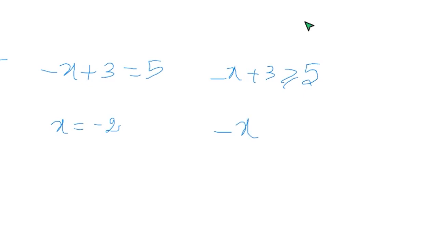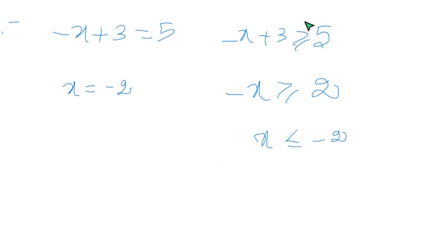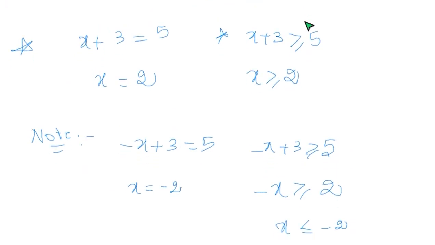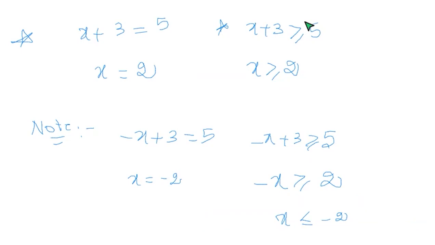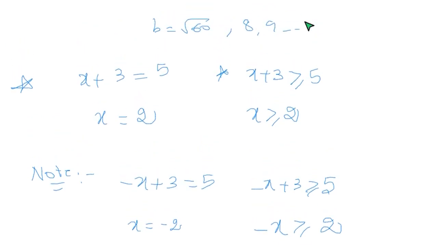So basically minus x is greater than or equal to 2, right? And the sign flips. For negative values, the sign flips. I think this was taught in algebra, right? So there is a difference between this answer and this answer. The sign flips. The equal to sign is not bothered.